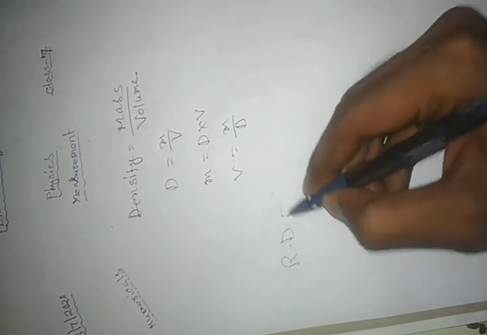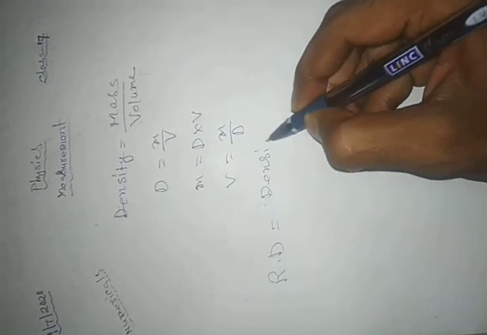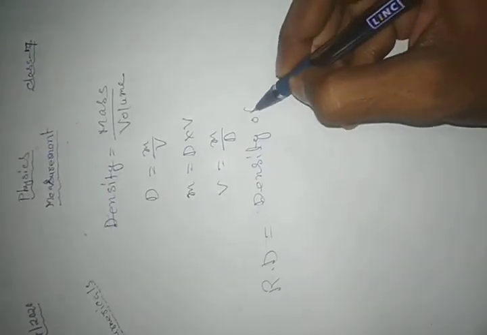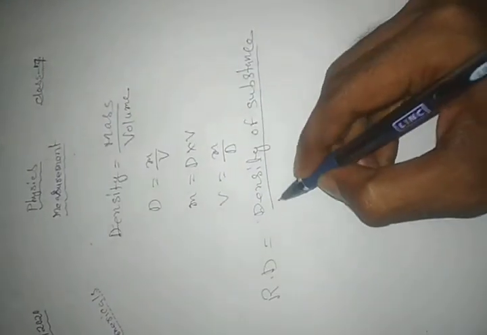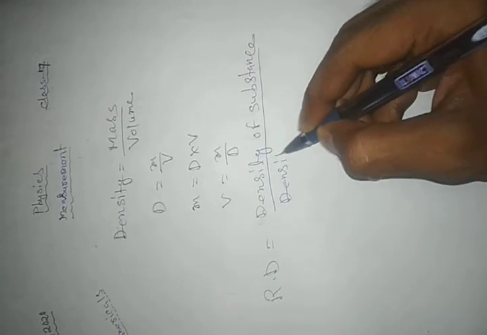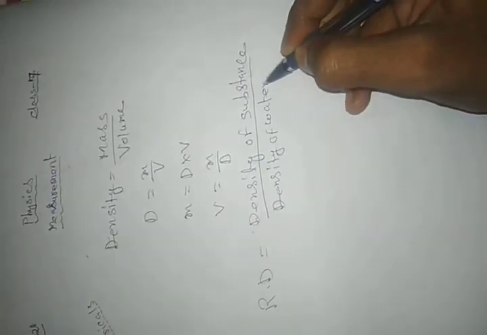relative density. Relative density means the density of the substance by the density of water at 4 degrees centigrade. This formula you have to know.